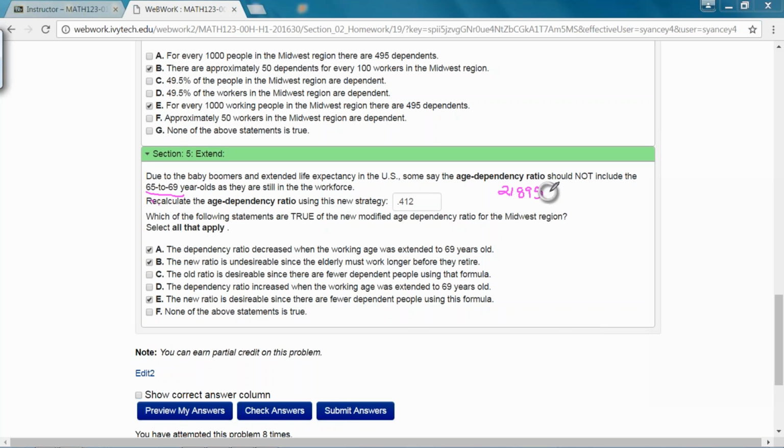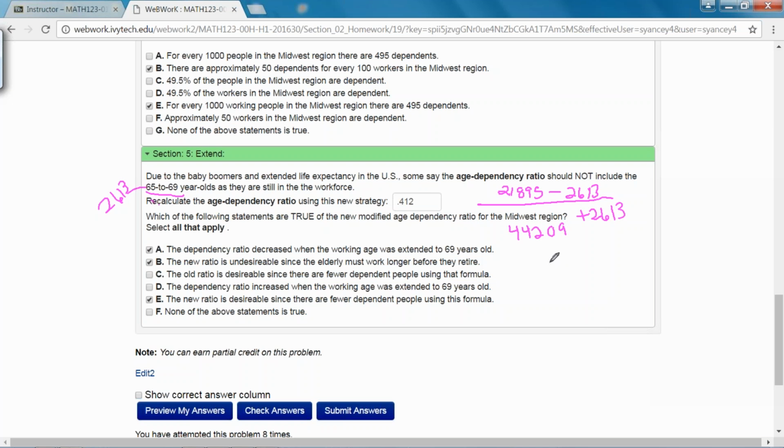That was our age dependence. And we would subtract the 2613 because that's the amount in that group. I looked at my chart. 65 to 69 is 2613 for the Midwest. So we have to take that out of our age dependence, and we have to add it to the workers because they now become workers.